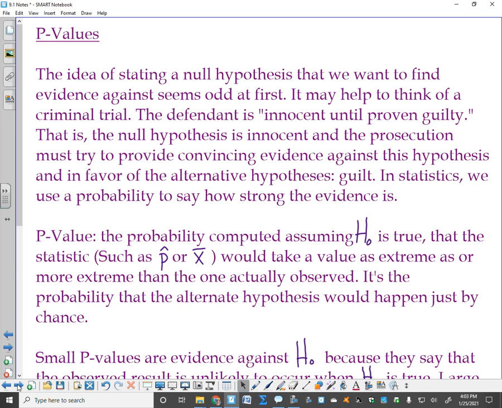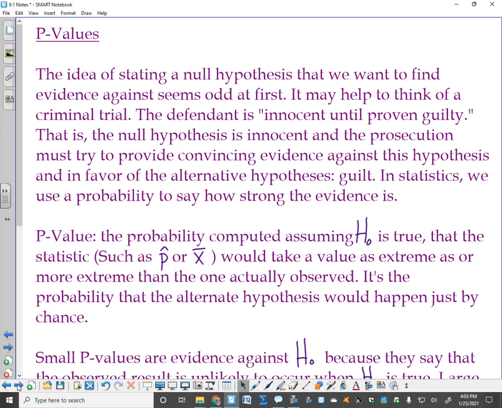The defendant is innocent until proven guilty. That is, the null hypothesis, innocent, is true, and the prosecution must try to find convincing evidence against this hypothesis and in favor of the alternate hypothesis, guilt.